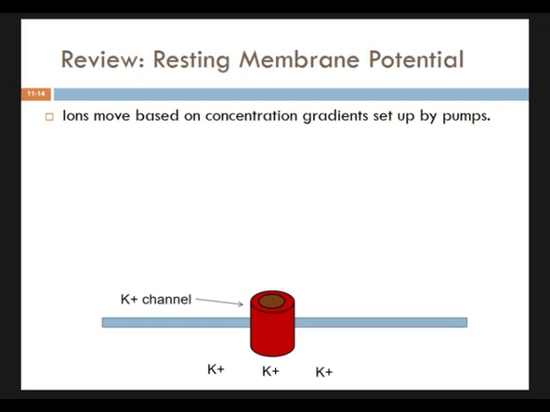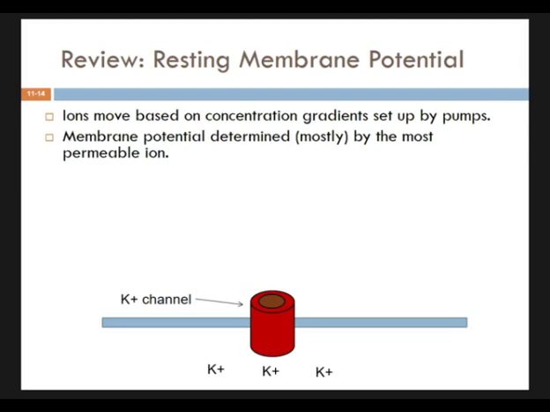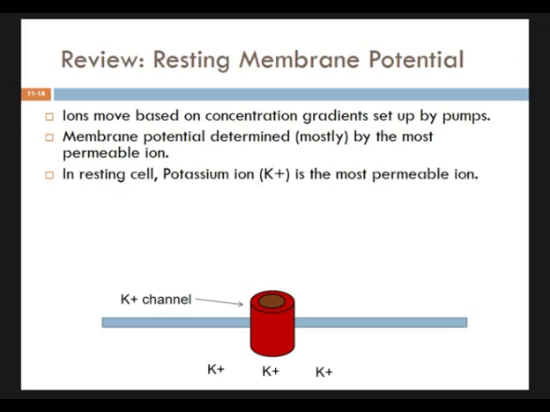So these are potassium ions right here. And the membrane potential is going to be determined by whatever ions are moving across the membrane the most. So whichever ion is the most permeable, and therefore has the greatest flux across the membrane, that's going to pretty much determine what your membrane potential is at any given moment.